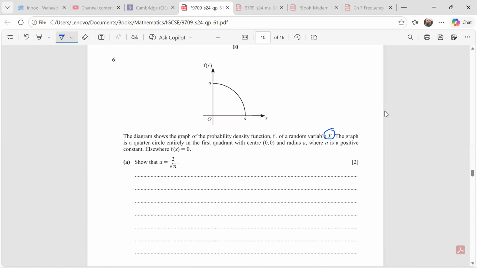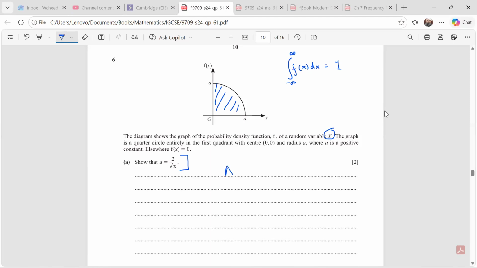Elsewhere, f(x) is 0. Show that a is this value. We know that this probability density function, if we integrate it from minus infinity to infinity, has to be equal to unity. In other words, the total area of this graph should be equal to 1. So how much is the area?